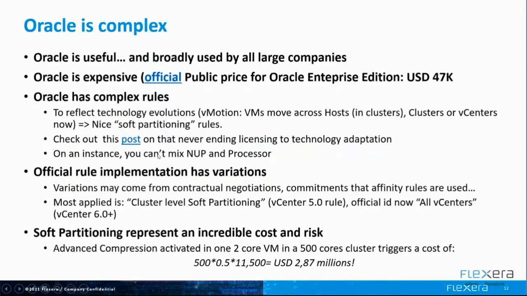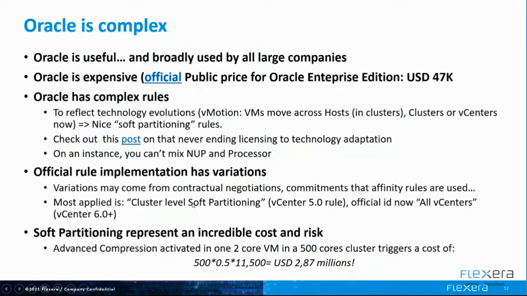Another type of rule: you cannot mix Named User Plus and processor. So if, let's say, the database on a server is in a Named User Plus license type, you cannot use processor licensing for an option that would be on this instance. There are complex rules. The official rule has variations, which is one more topic of complexity. Is it cluster level soft partitioning?